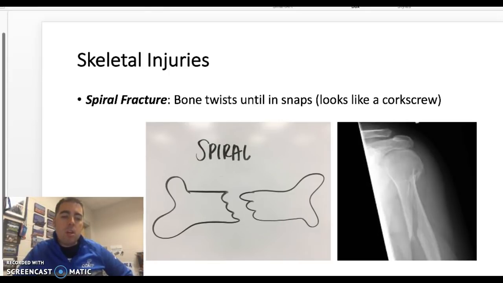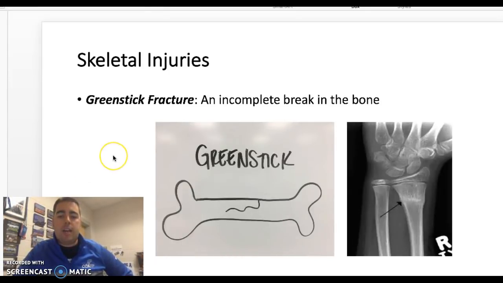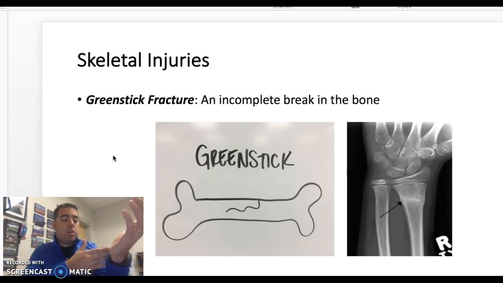Okay, so the last type of fracture that I would like you to know and have in your notes is called a Greenstick fracture. Okay, and this is named for somebody named Greenstick, so they didn't just make up names. Okay, this is an incomplete break in the bone, which means some of them can be pretty severe, some of them are not so severe, but the bone is going to be broken, but that break is not going to go all the way through the bone.